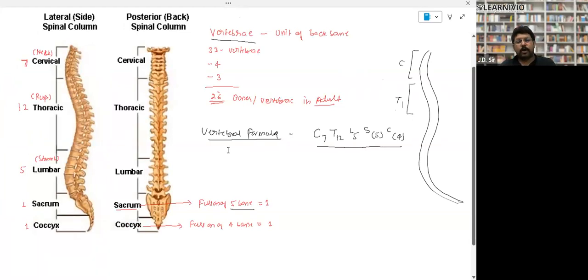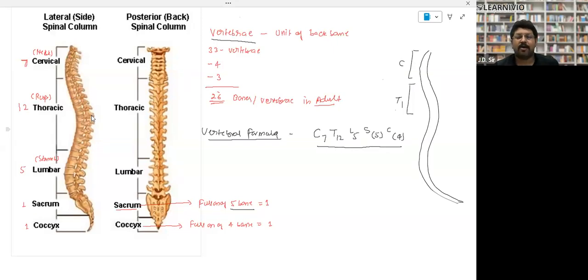Look, you have to remember the vertebral formula. You know what makes us different from monkeys? Can you tell me what makes us more modern, other than the brain part? The vertebral column has these 5 curves. That's why we can stand straight.